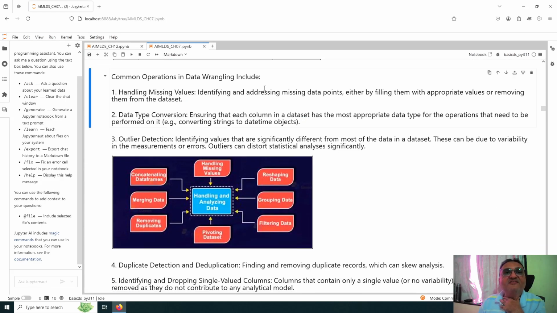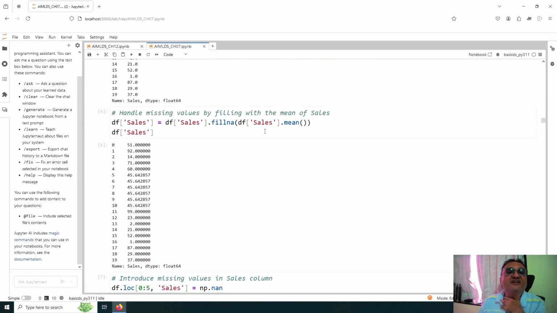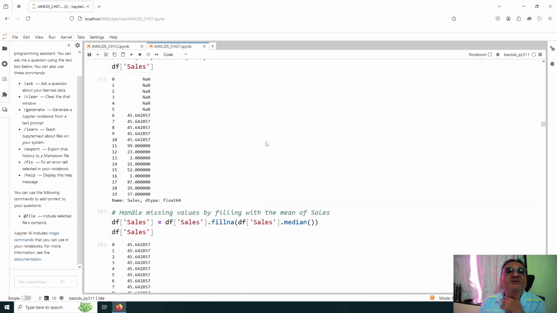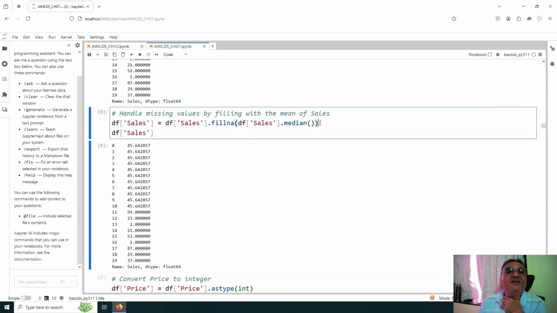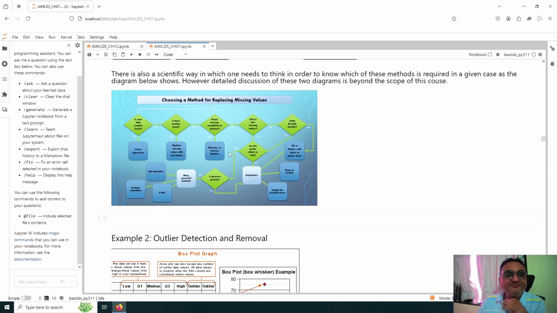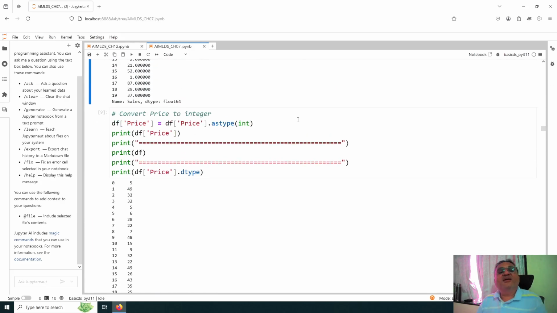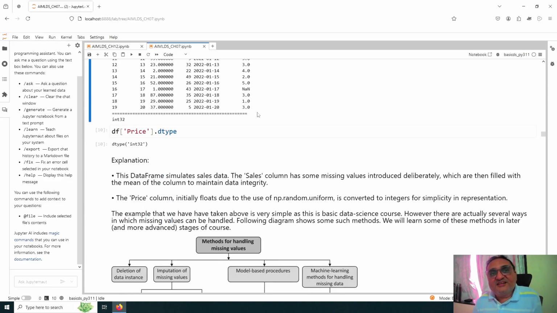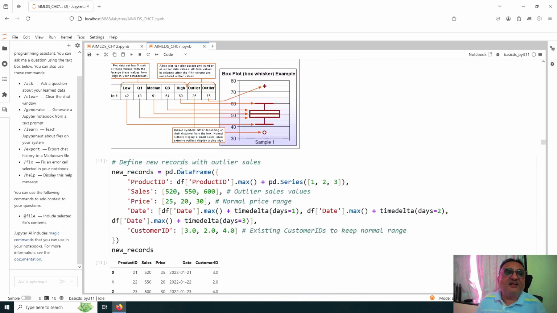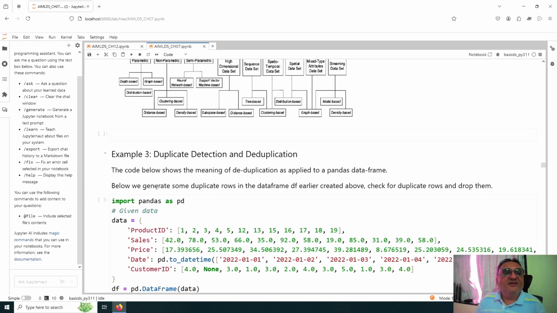Then handling missing values, we said that either by mean, so this is the creation of data, mean for a numeric column, or median for a numeric column, and mode. Mode is, I think, not shown here somewhere, but mode can be used for a categorical column. So we discussed null imputation, then outlier removal, then deduplication. I hope that you remember this.